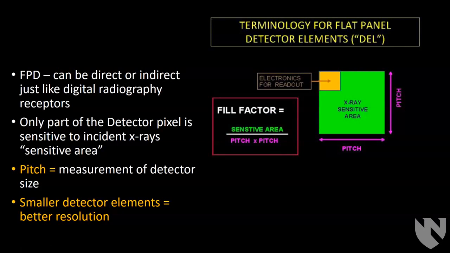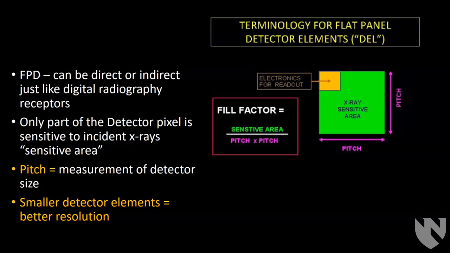Each pixel on the digital system has a part that needs electronics for a readout, and then also has a part that's X-ray sensitive. The ratio of the X-ray sensitive part to the whole size of the pixel is called the fill factor. A larger fill factor is better in terms of having a larger X-ray sensitive area relative to the amount of electronics, but that's a trade-off because you also want a smaller pixel to have higher resolution.